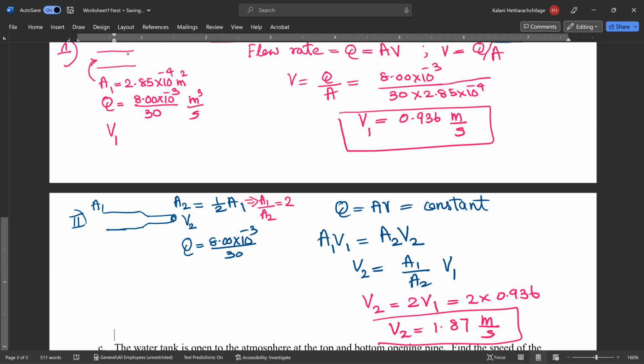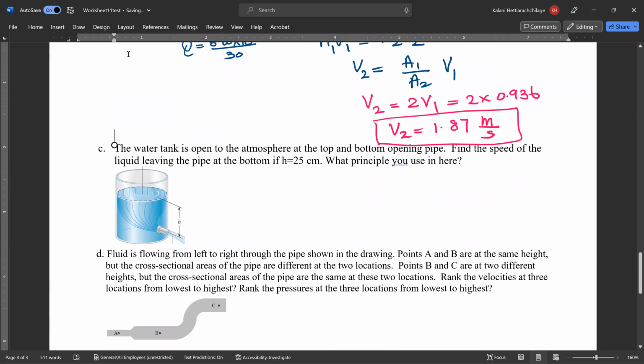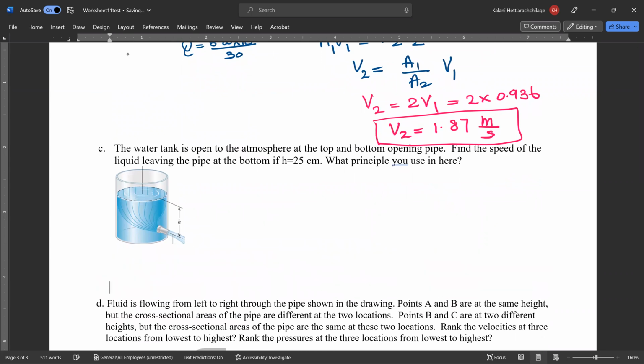And check that your conclusion is correct: in the flow rate equation, Q = AV is constant. When you have a narrower tube, velocity is greater. It is a narrower tube here, so I should have greater velocity. So I proved that in this question too. Okay, now let's move on to this one.